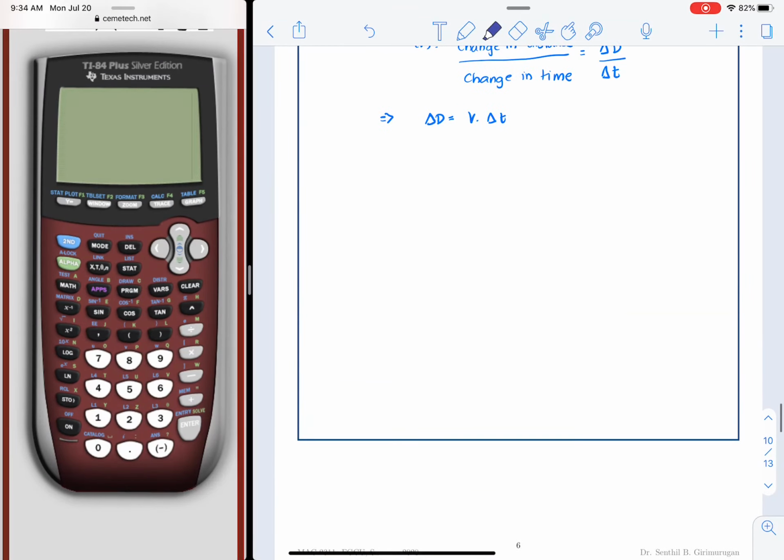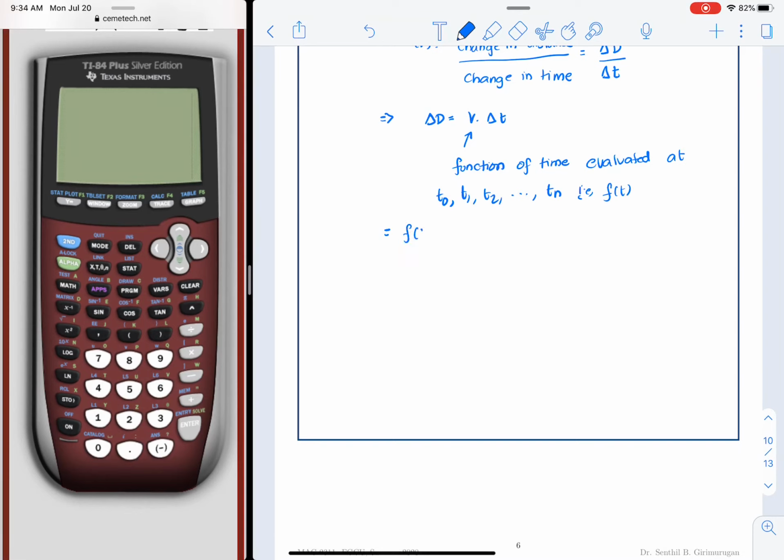So if v, velocity, happens to be a function of time, evaluated at, say, t1, t2, all the way up to tn, or start at t0, i.e. f of t.